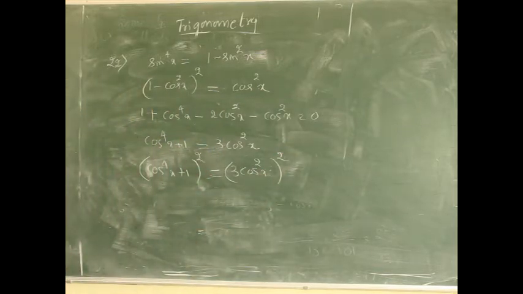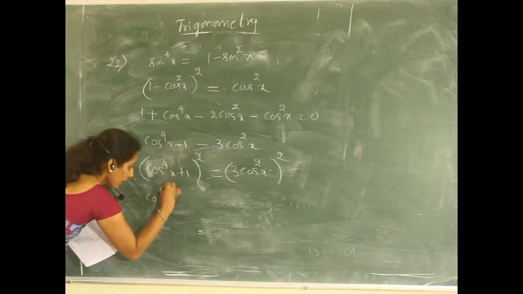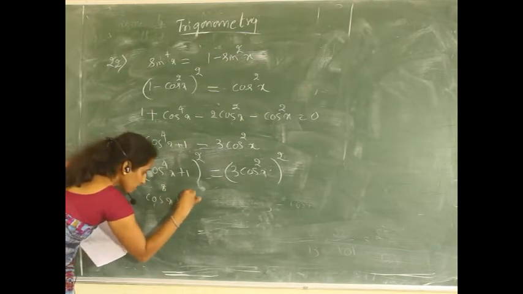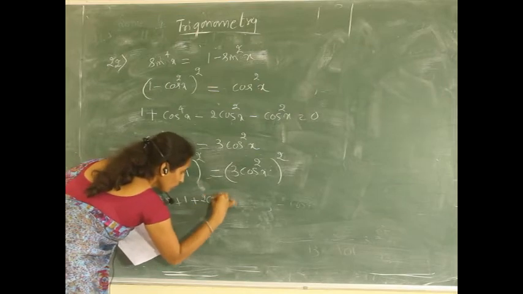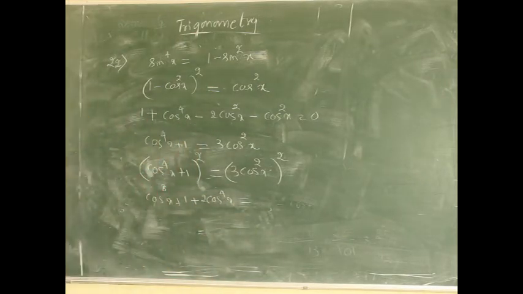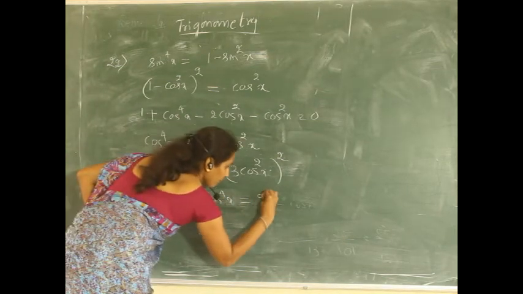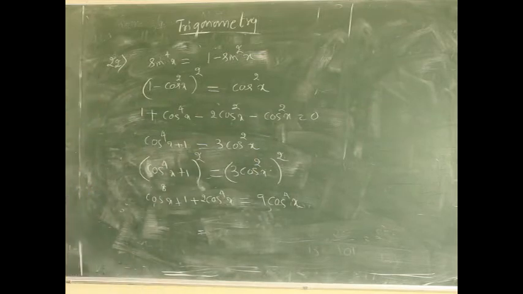So cos power 4x plus 1 whole square will be cos power 8x plus 1 plus 2 cos power 4x, which is equal to 9 cos power 4x.